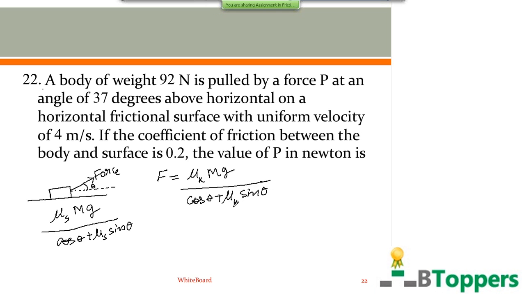This problem was originally given in one of the previous entrance examinations, EAMCET. So you can directly use this result for objective type questions.